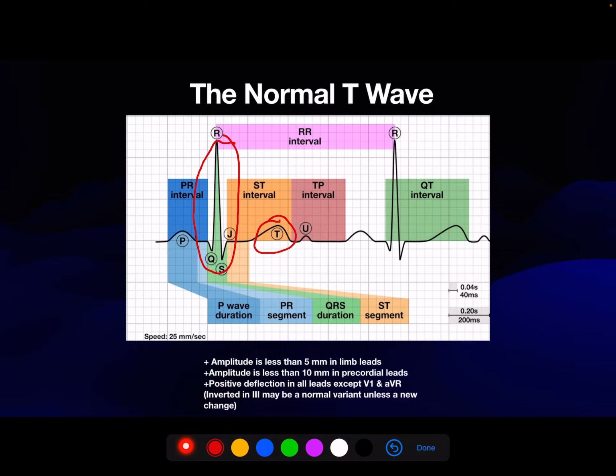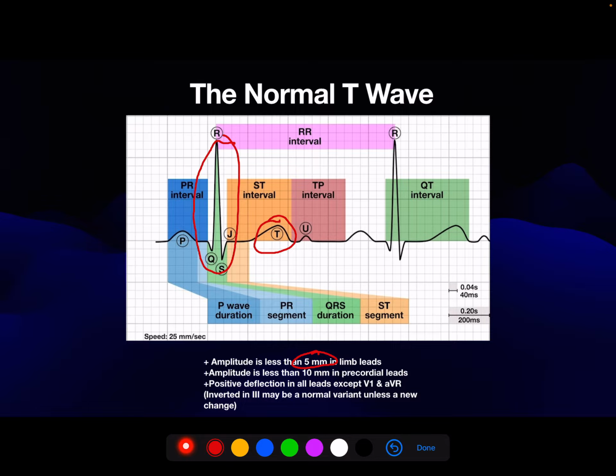There aren't strict hard and fast rules on this. It's a lot of gestalting at this point, but some things that can help you in identifying normal and abnormal T waves include the following. Typically, in the limb leads, so these would be leads 1, 2, and 3, the amplitude is going to be less than 5 millimeters.